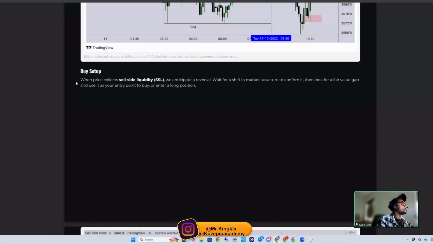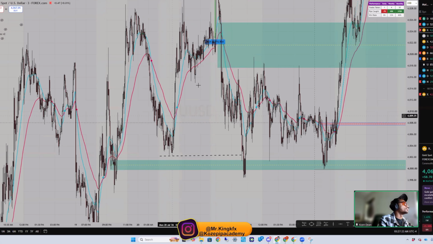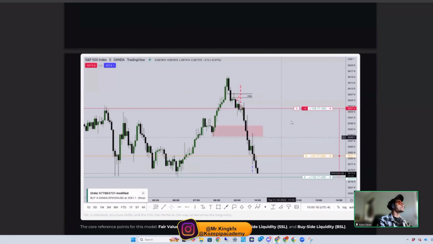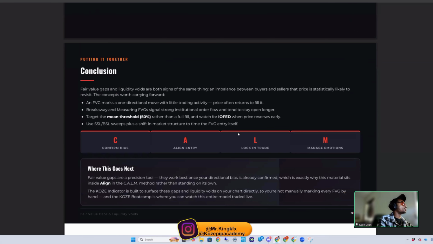And then the exact opposite for our buy setup, right? We have to collect that sell side liquidity first, and that is exactly what we did here. We collected the sell side liquidity and then we priced higher, right? And that basically brings us to the conclusion of our session for fair value gaps. So we want to pay attention to a few of these areas.